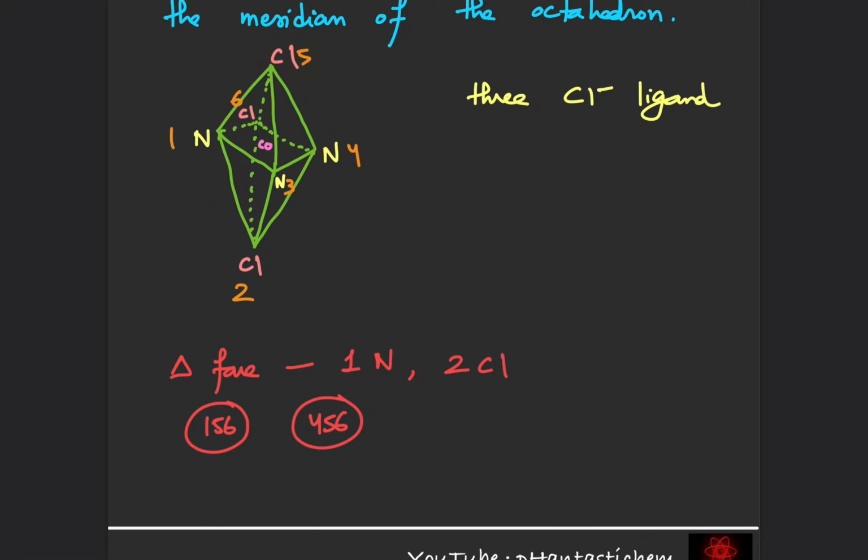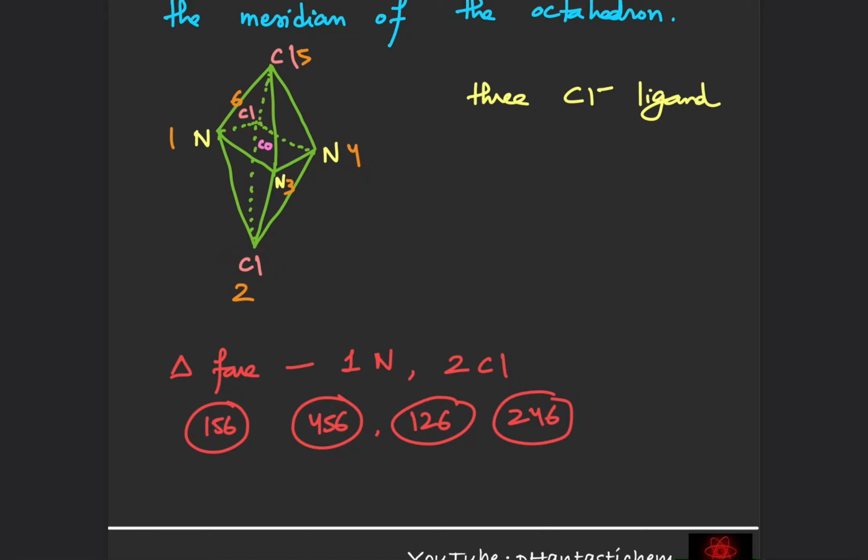Then 126 also has one nitrogen and two chlorine. And 246 also has one nitrogen and two chlorine.